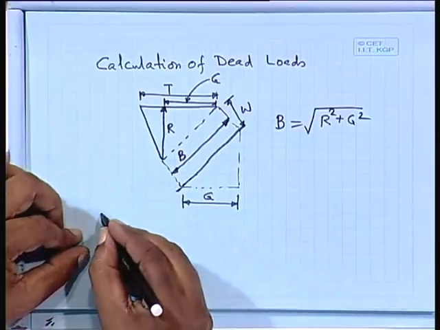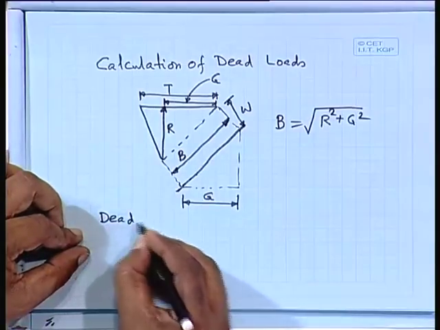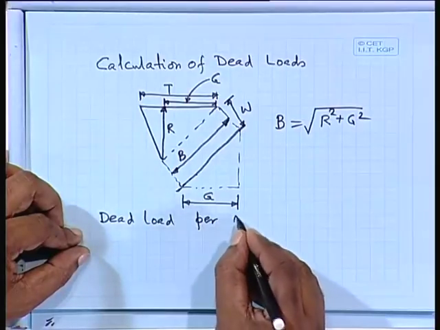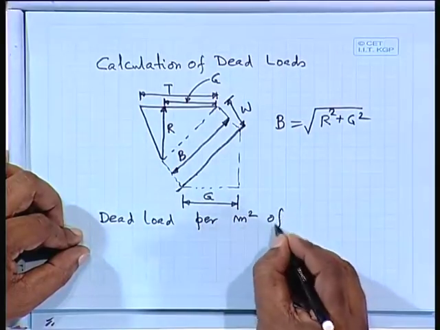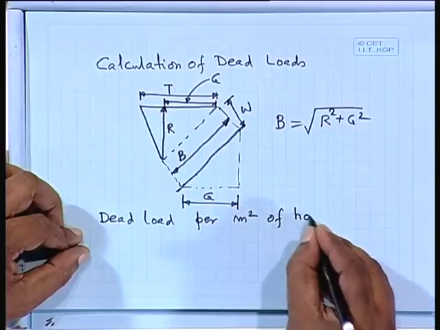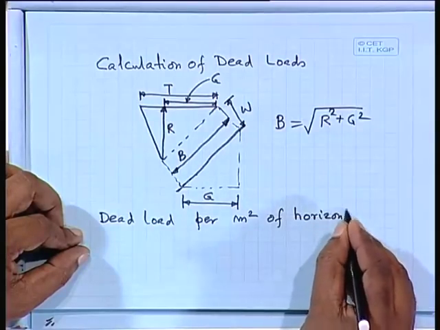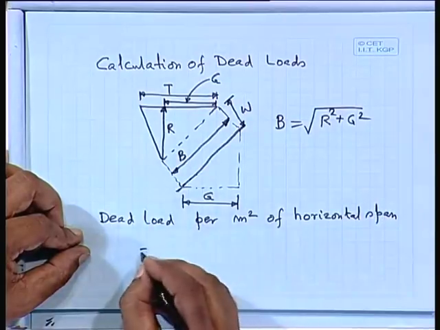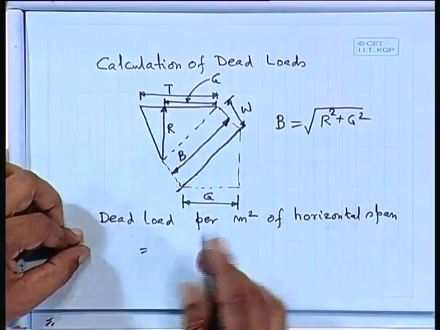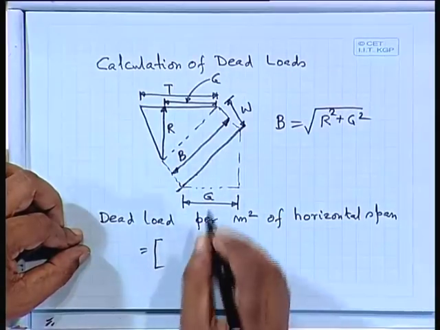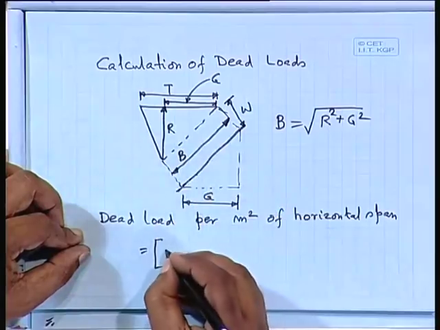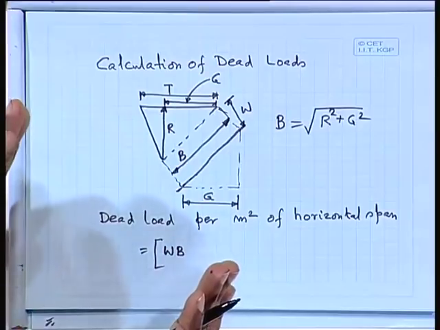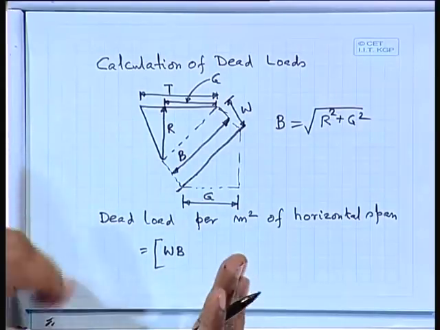and dead load per meter square of horizontal span, means along this, that one will be equal to the weight of this one, W times B, and we are talking say per unit width, that means we are taking the width of the staircase 1 meter.